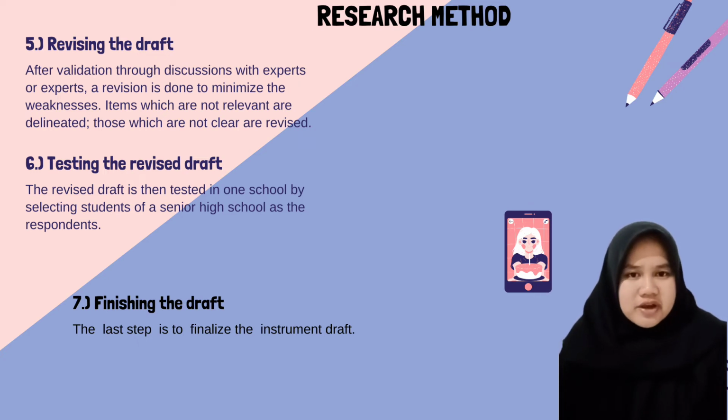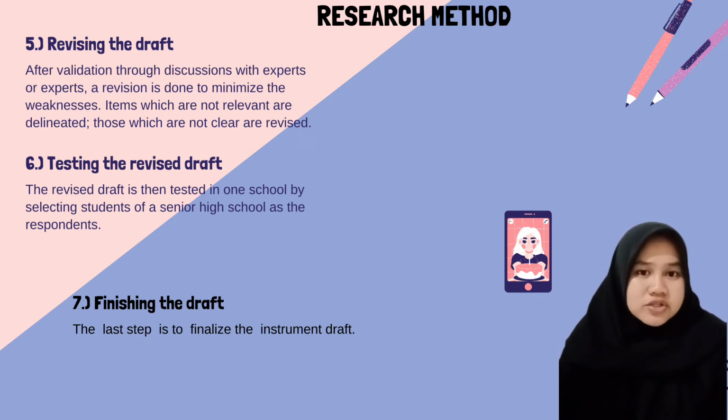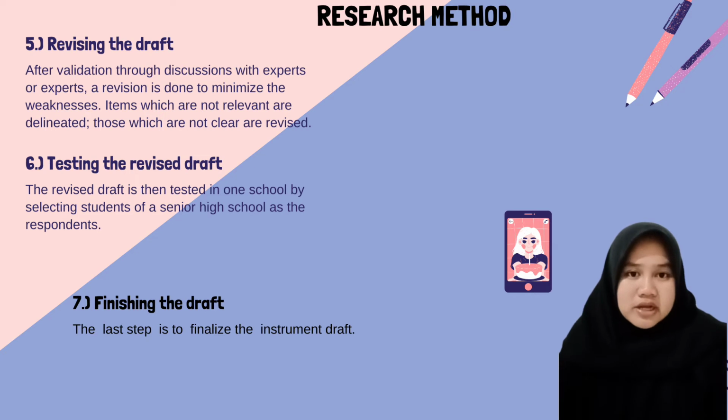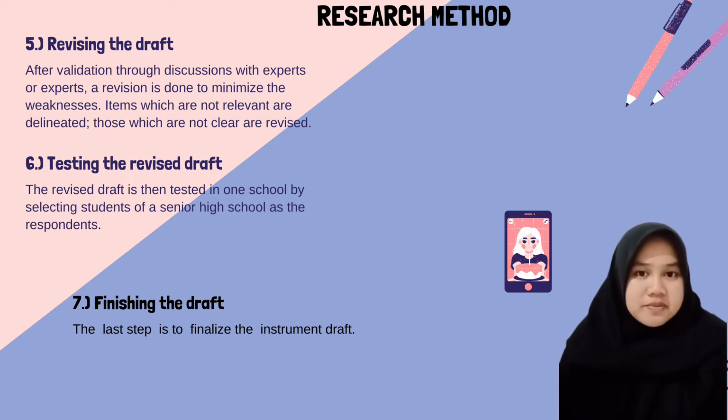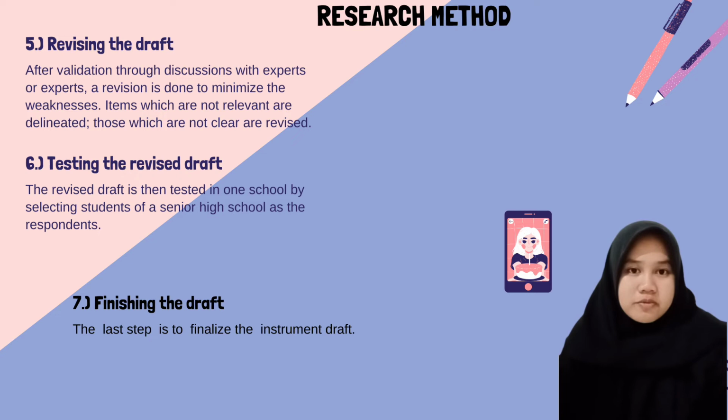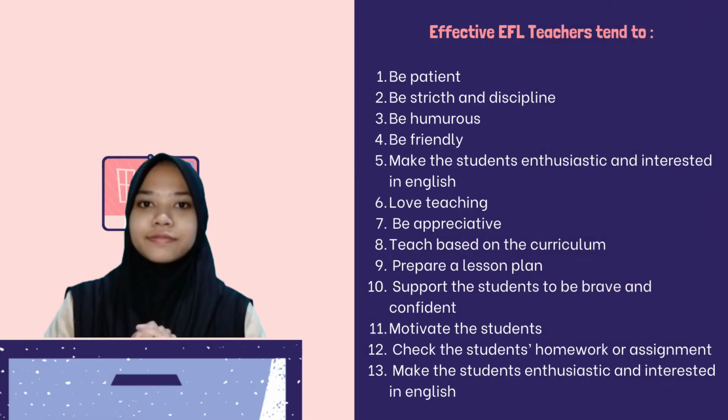The revised draft is then tested in one school by selecting 100 students of a vocational senior high school in Makassar as the respondents. And the SPSS program is used to find out the Cronbach's alpha value used to see the consistency level of the draft. The seventh is finishing the draft. The last step is to finalize the instrument draft.